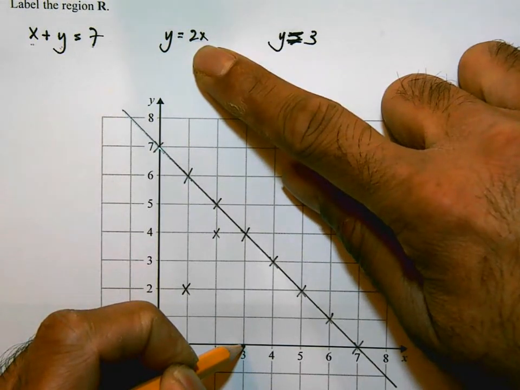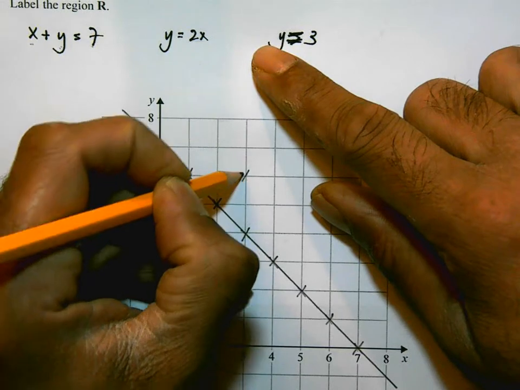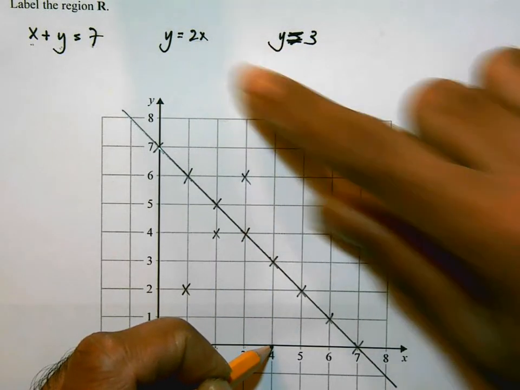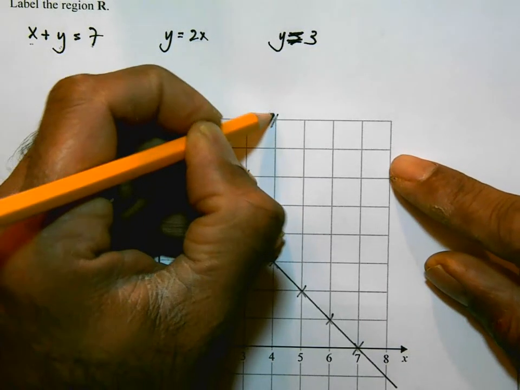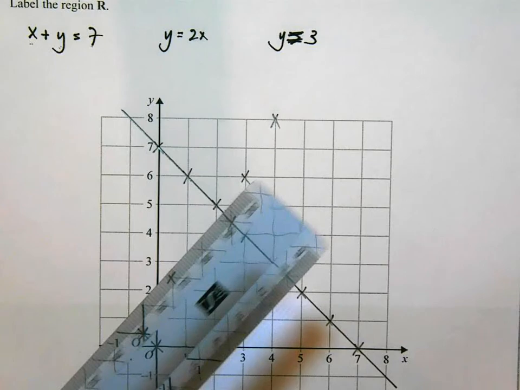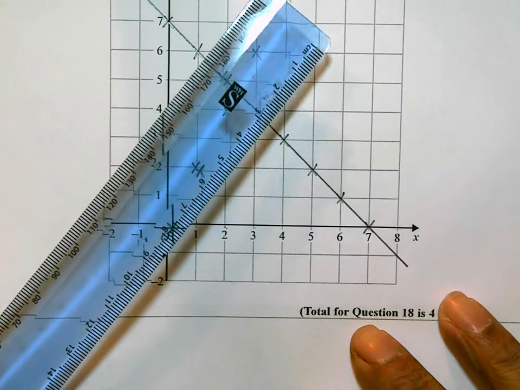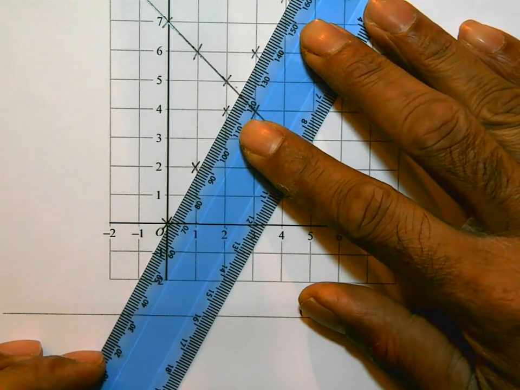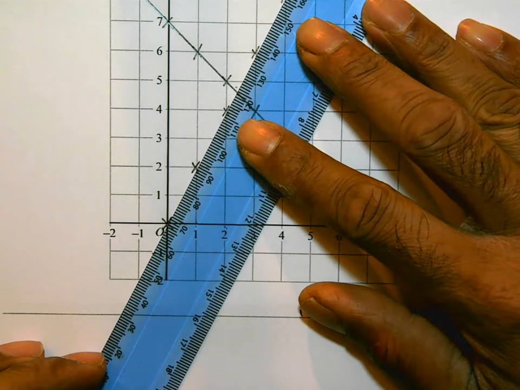If x is 4, 2 lots of 4 is 8. That takes me all the way up to there. I'm going to join up the points, and here you go.